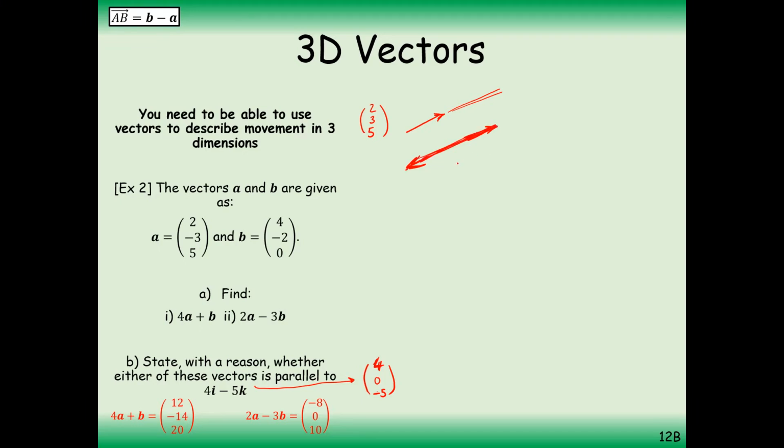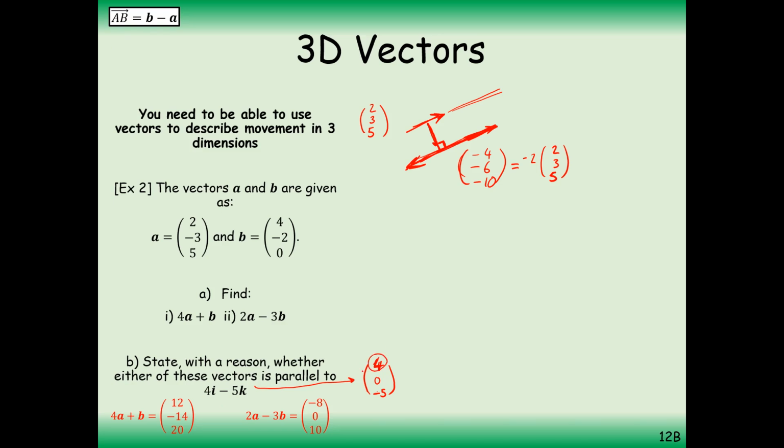It can point in the opposite direction. I may have -4, -6, and -10. This vector is a multiple of the other vector, because when I factorize a -2 out of it, I will have 2, 3, and 5, which is the first vector. Therefore, these two vectors are parallel with each other. In any case, let's get back to this example here.